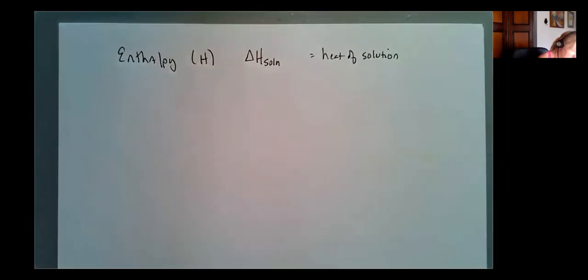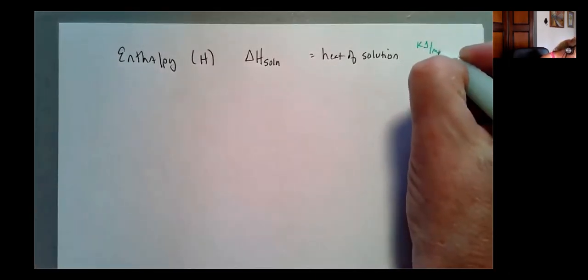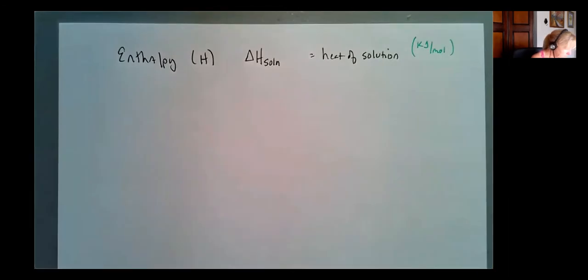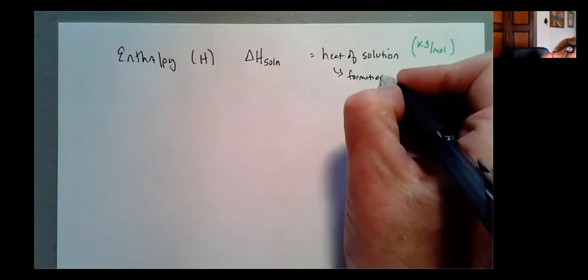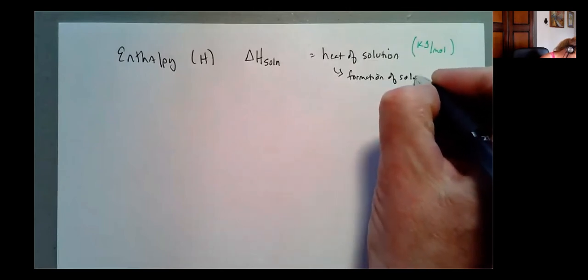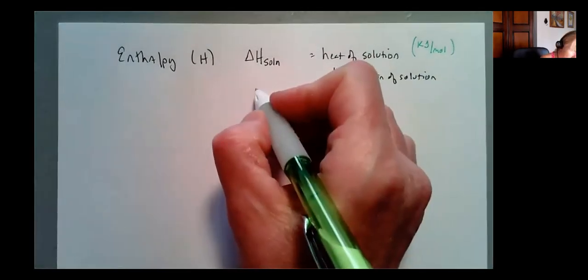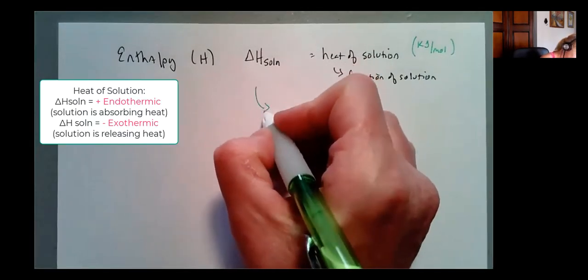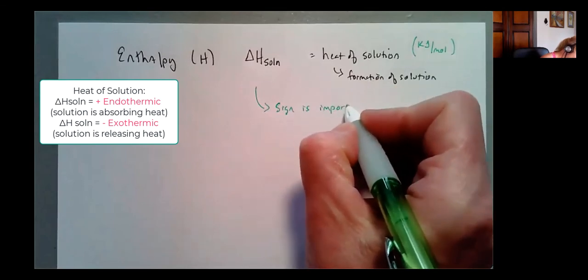This is going to be in units of kilojoules per mole, just like before. But now, instead of looking at a chemical reaction, we're going to look at the formation of the solution. So heat of a solution, the formation of a solution. And like before, the sign of delta H is going to tell me where the energy is going. So the sign is going to be important.